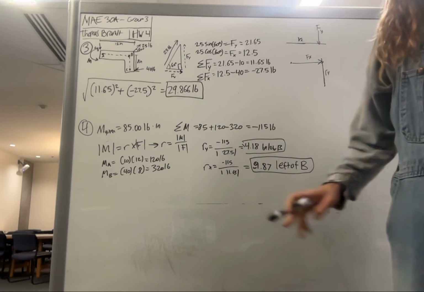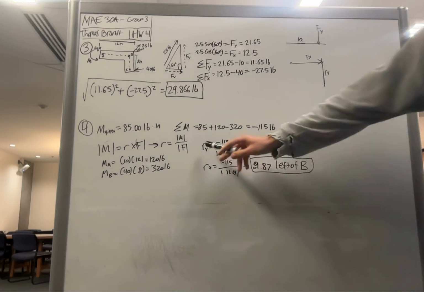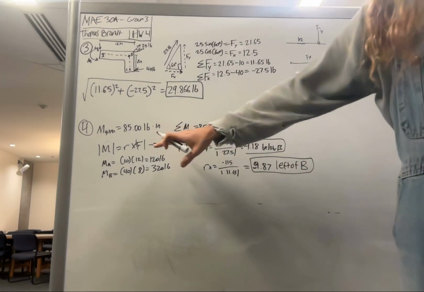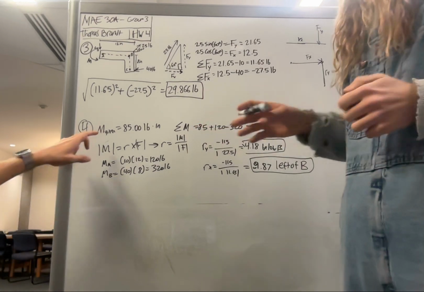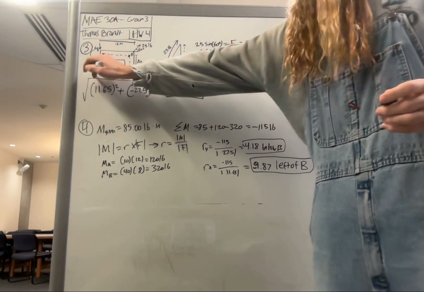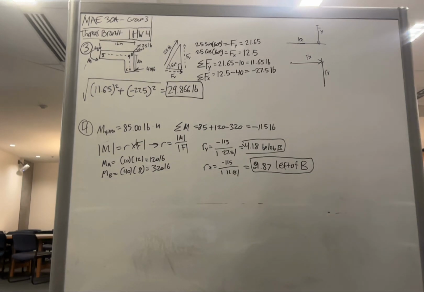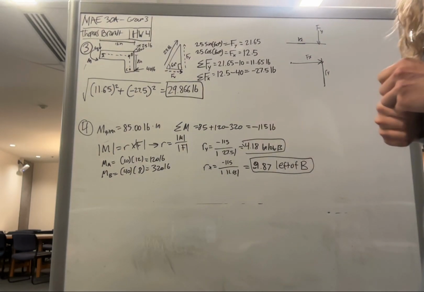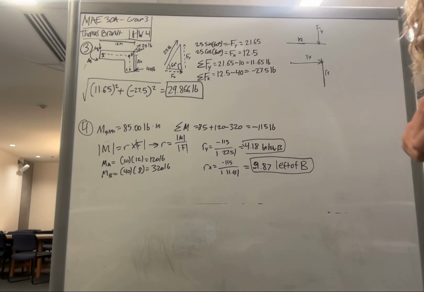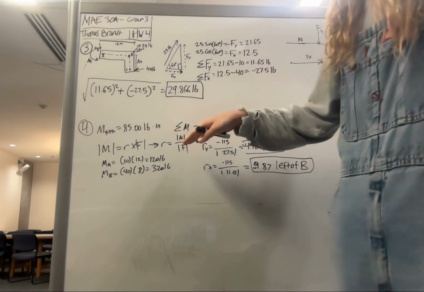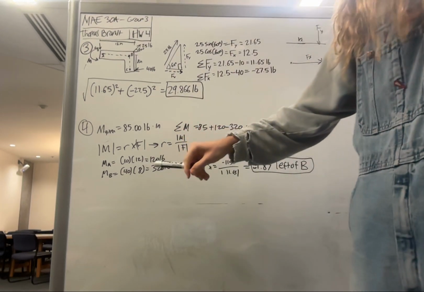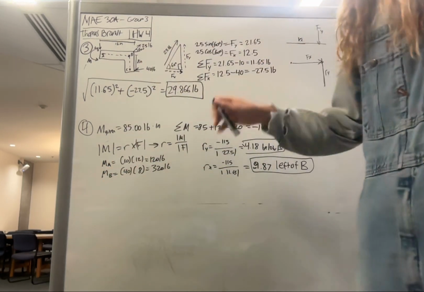For number 4, we eventually want to solve for ry and rx, and we're given this moment. The given moment is right here, 85 pounds inches. Ultimately, we want the net moment, but to find that first, we need to find the other moments from the other forces.